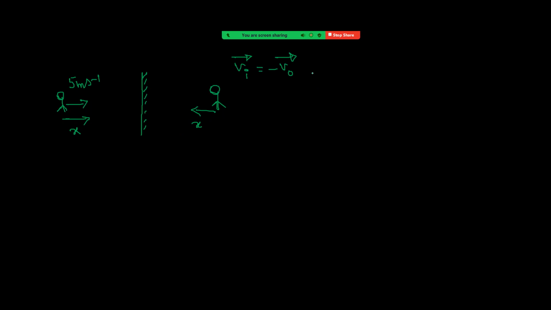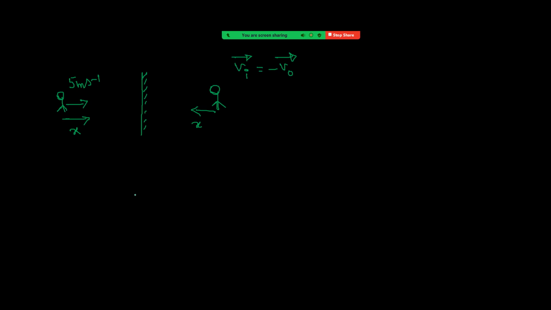His velocity is 5 meter per second, say on the left side, and the image moves on the right side. So when the mirror is not moving and only the object is moving normal to the mirror, then image velocity will be the negative of velocity of the object. The condition is that object velocity is normal to the mirror.